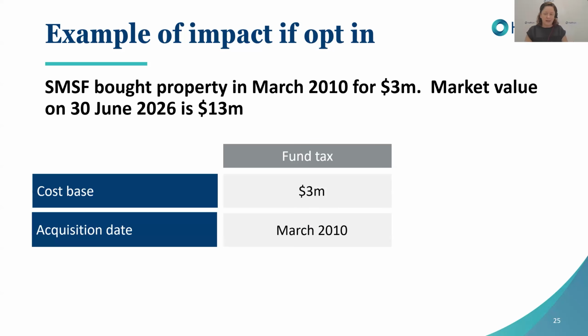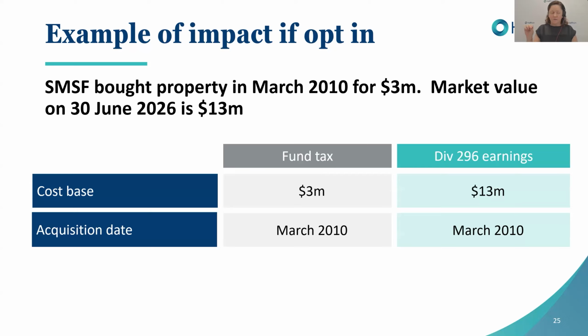So just to give you an example of a superannuation fund, if it opts in. Let's say it bought the property in March 2010 for $3 million. Market value on 30 June 2026 is $13 million. So the cost base of the asset for the fund's tax is $3 million and its acquisition date is March 2010.